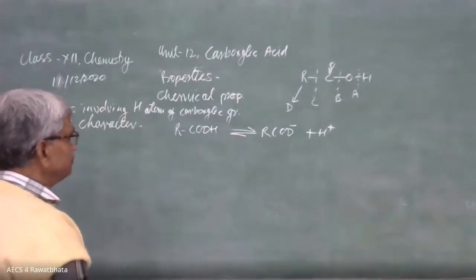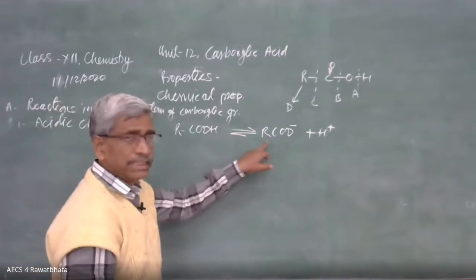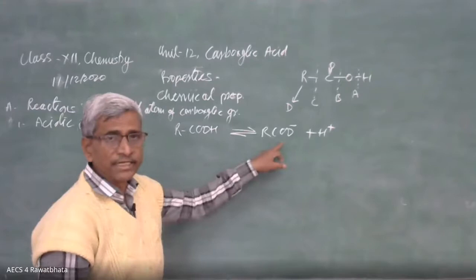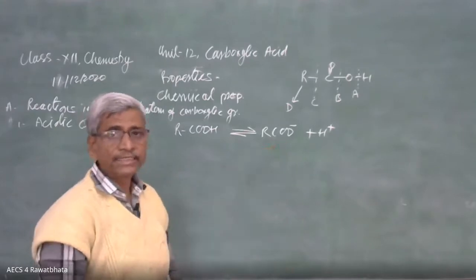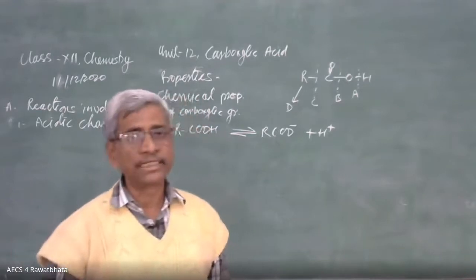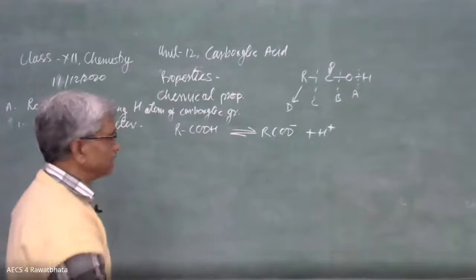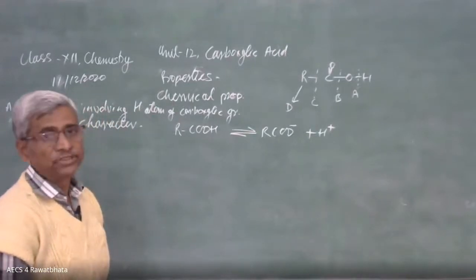So this acidic character is because of stability of carboxylate ion. This carboxylate ion is more stable than the corresponding carboxylic acid, due to its resonating structures and the delocalization of negative charge.